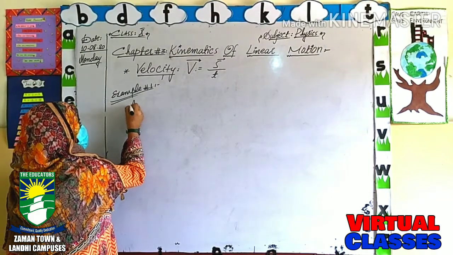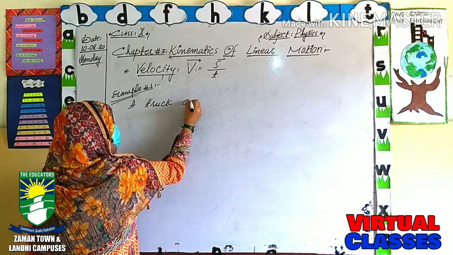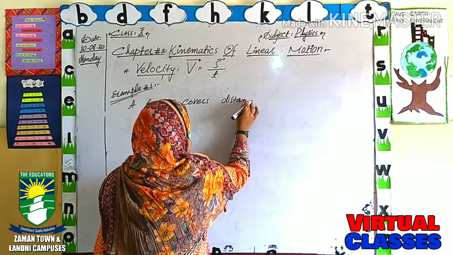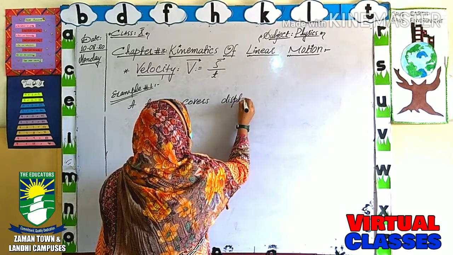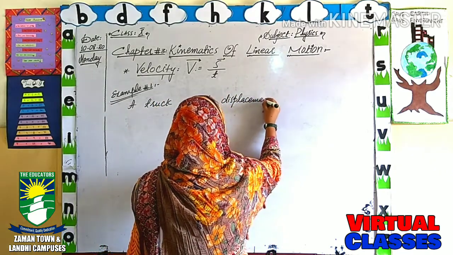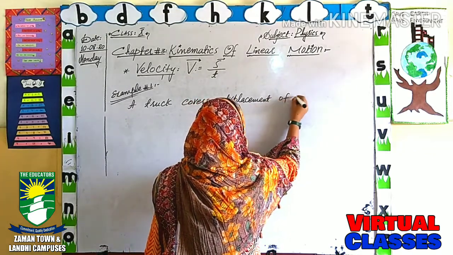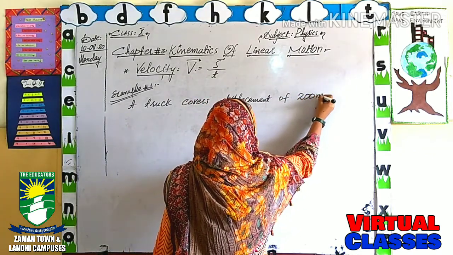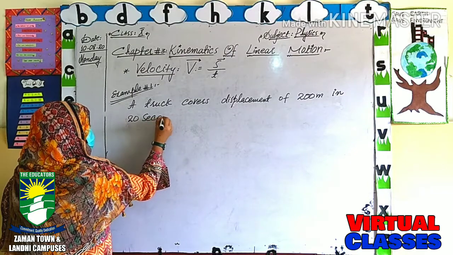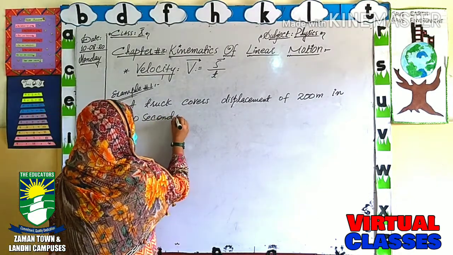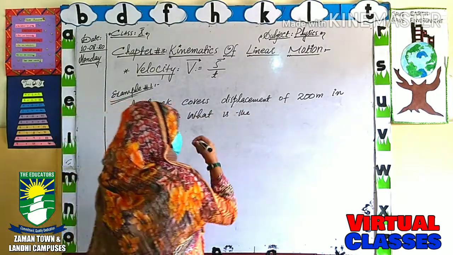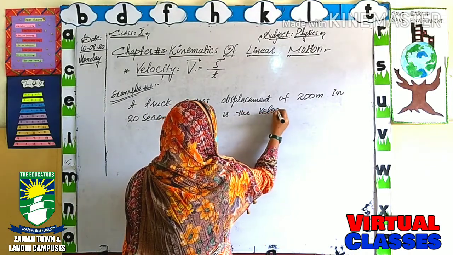Suppose a truck covers a displacement or distance of 200 meter in 20 seconds. Calculate the velocity of the truck.